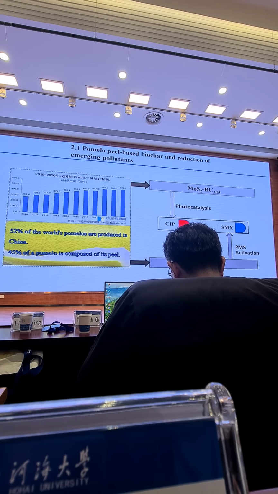So that's why we chose it as the model system to study. 45% of that is composed of these here. So we can see the ratios, how the processes and the degradation pathways work.